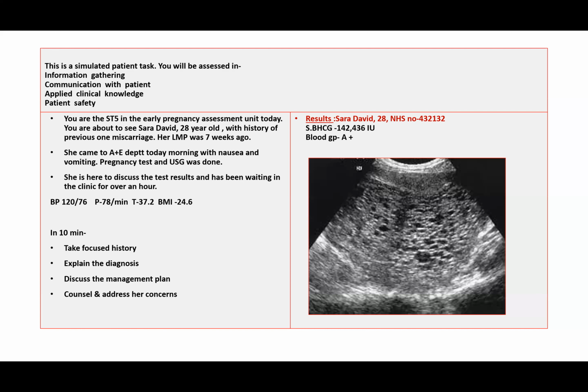No, I'm with David for the last 2 years, and he's the only partner I have. And did you conceive naturally or with medicines? It was a natural conception.